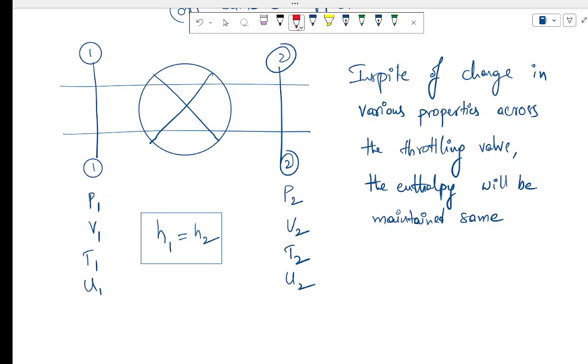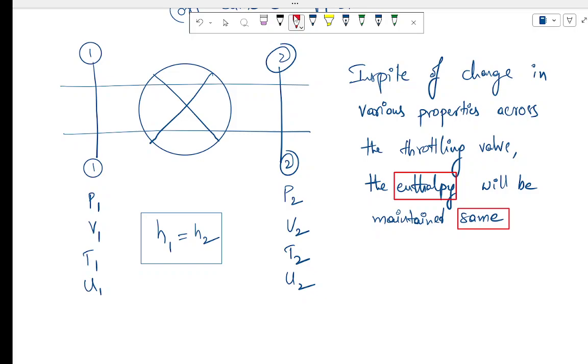This maintaining of the same enthalpy is nothing but the effect we are speaking about here. This effect is called the Joule-Thomson effect. This will happen if you do the throttling in a slow manner. So that's what you will get here.